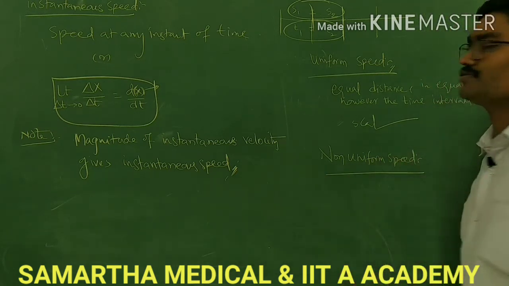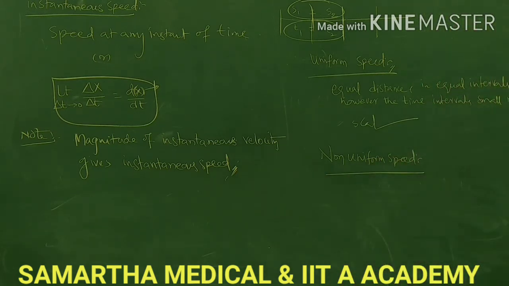What is non-uniform speed? If a body covers unequal distances in equal intervals of time, or equal distances in unequal intervals of time. See here, distances are not the same, but time intervals are equal.